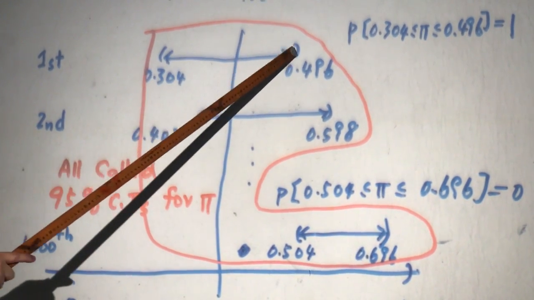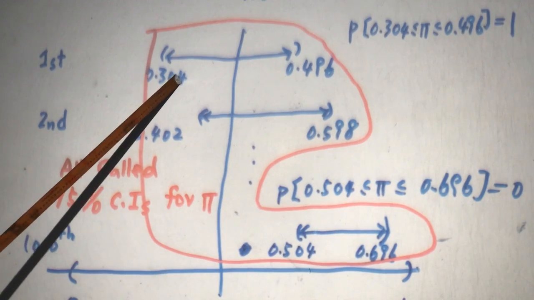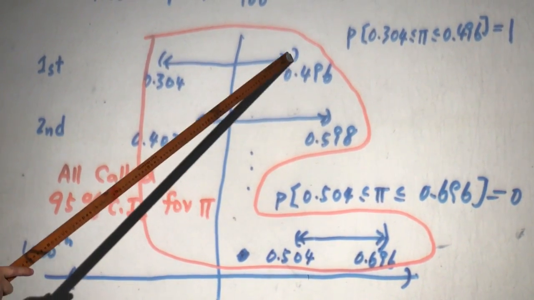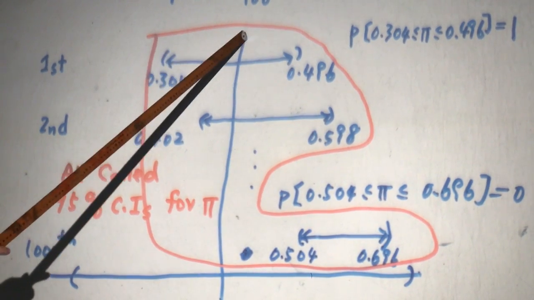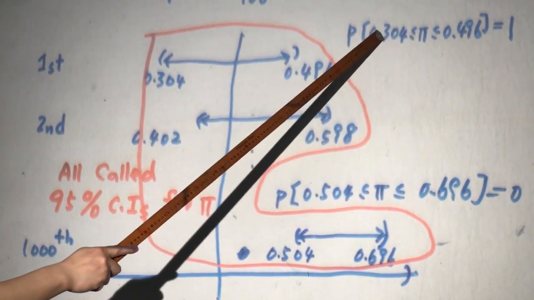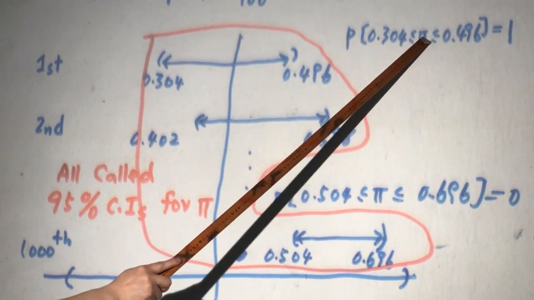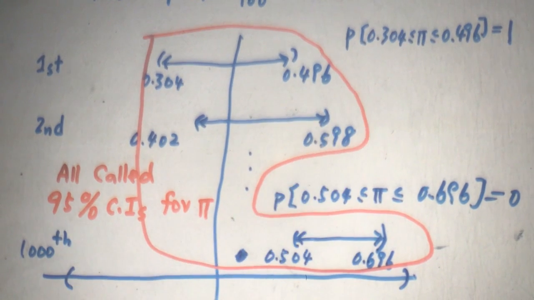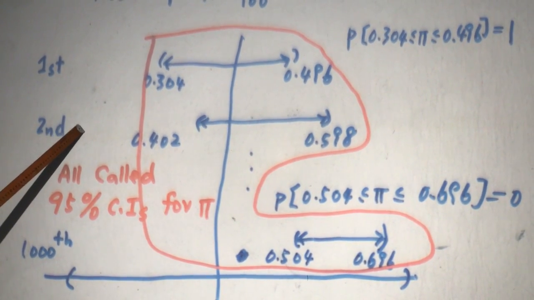The 95% confidence interval is 0.304 to 0.496. According to this picture, the interval actually covers the location of pi. So the probability that 0.304 to 0.496 covers pi is 100%.